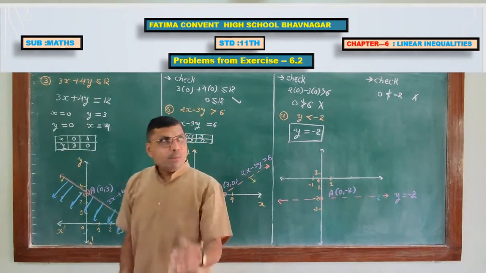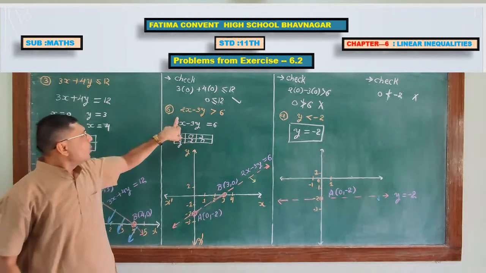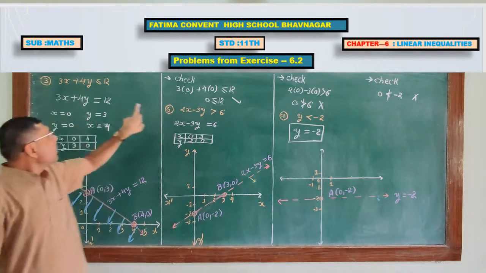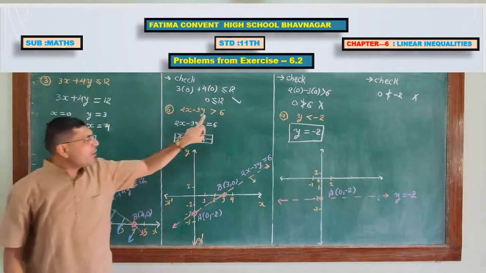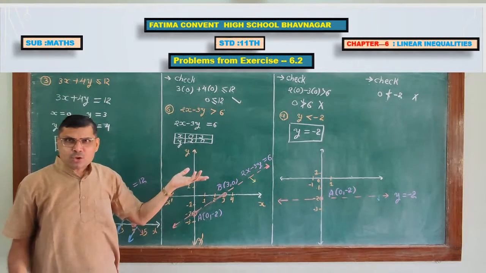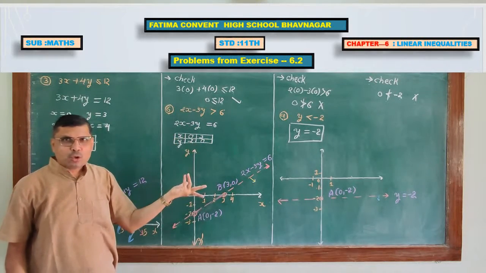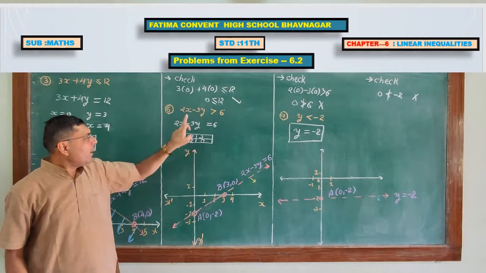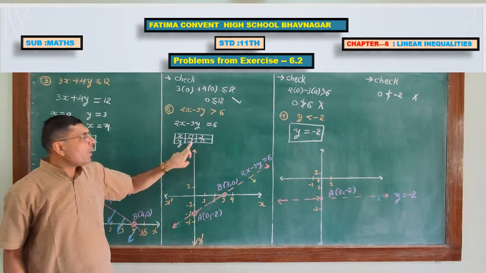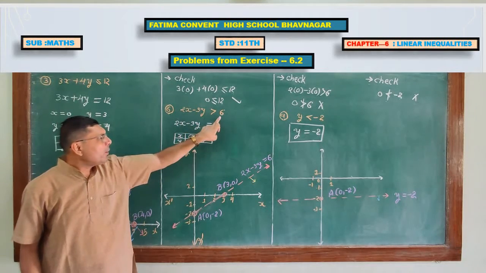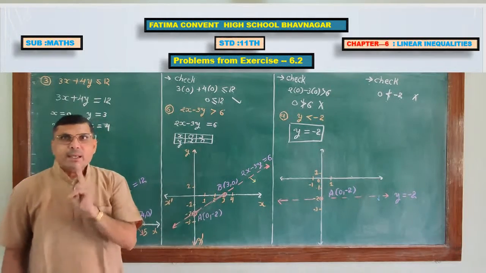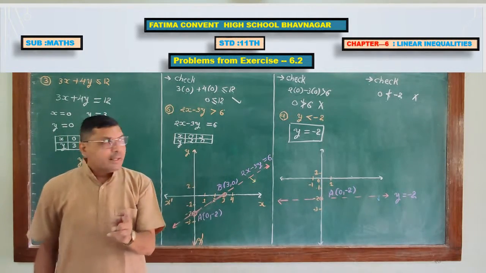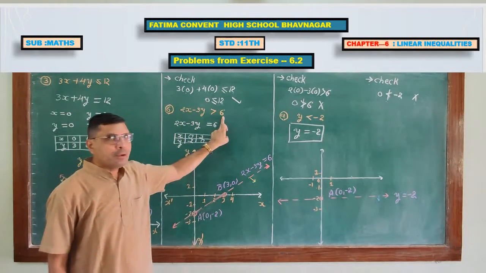Okay. Question number 6 I am taking now. Why is it different? Here it was equal, now it is greater, and the equal to sign is also not there. Straight away I will put x equal to 0, so y equal to minus 2. Remember, you have to draw the graph of the equal to line first; this we will decide later on.